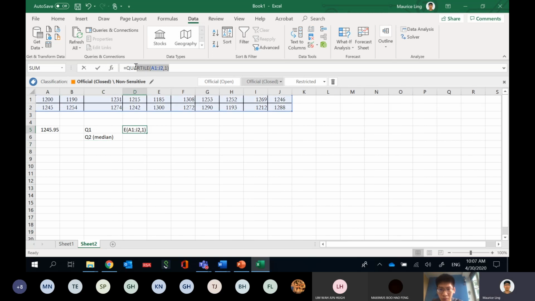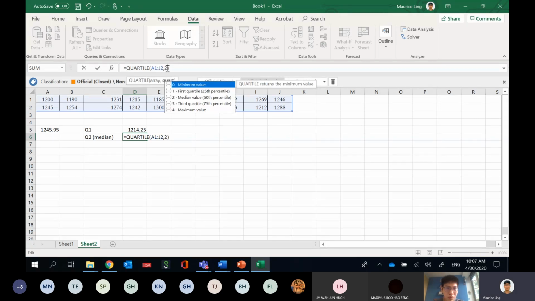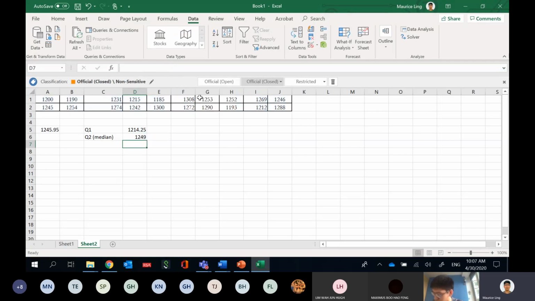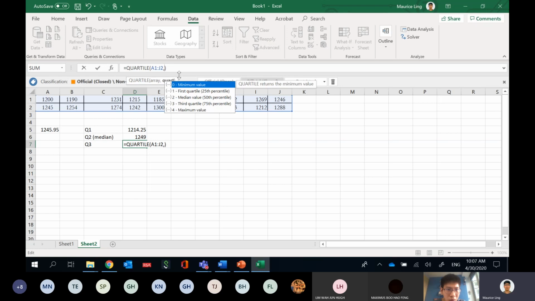Okay, you just repeat this whole thing and you change this from 1 to 2. The median value is the 50th percentile. Okay, so this is the median. Quartile 3, just change the last parameter to 3 because we are talking about the third quartile.